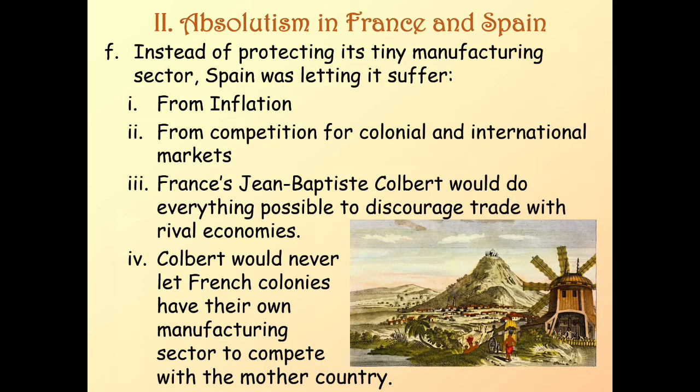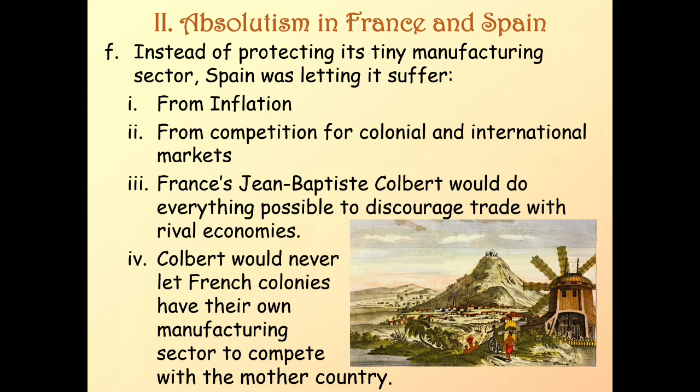So instead of protecting its tiny manufacturing sector and allowing it to grow and helping it, Spain was letting it suffer from inflation, letting it suffer from competition for colonial and international markets. France's Jean-Baptiste Colbert would do everything possible to discourage trade with rival economies.